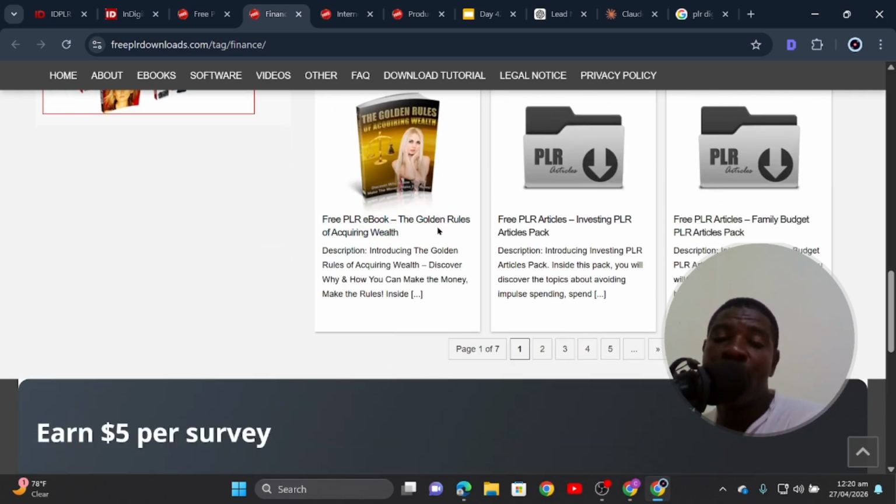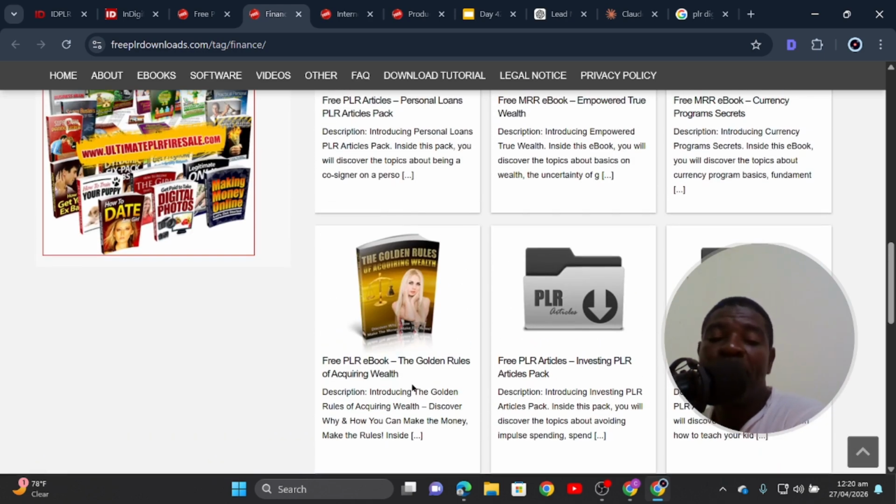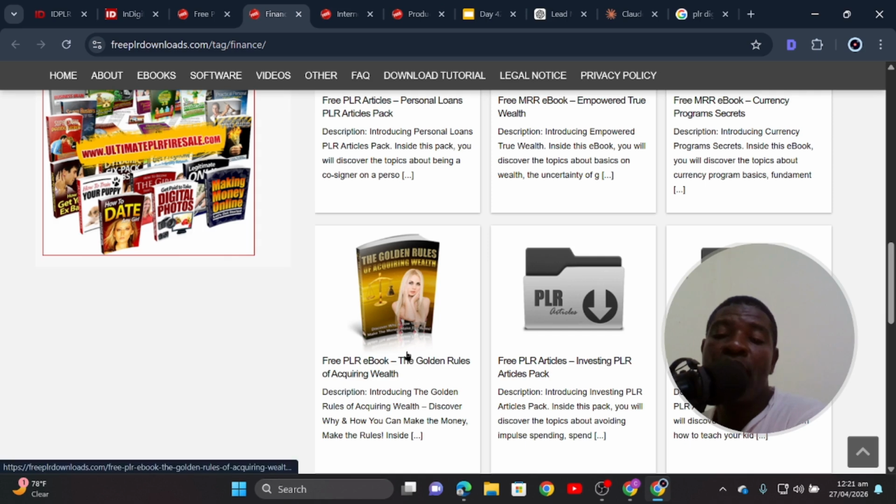The title, The Golden Rules of Acquiring Wealth, is really good. So you can just change the title. You can check within the book if there are some 5 rules, 10 rules, and make it a habit, some golden habits of acquiring wealth. This should give you some kind of credit with your target audience.